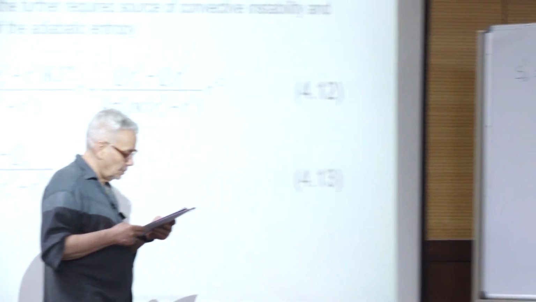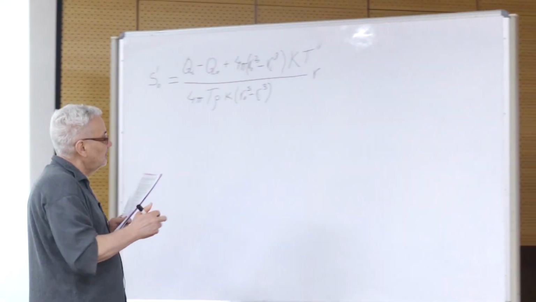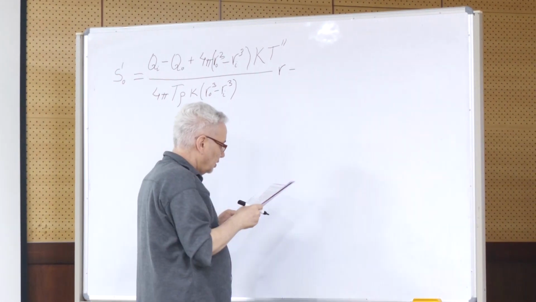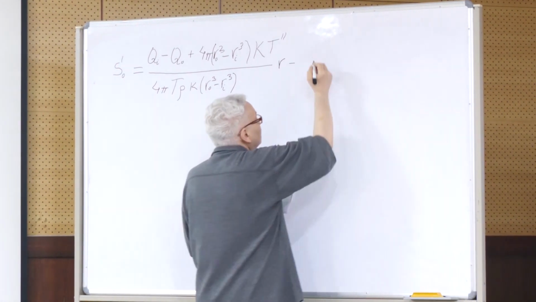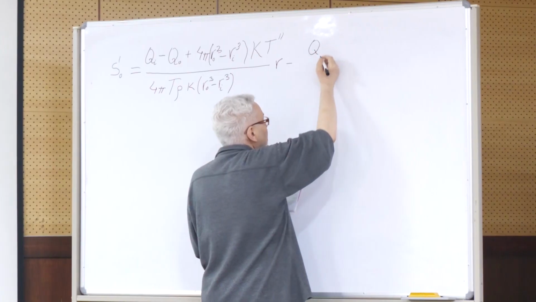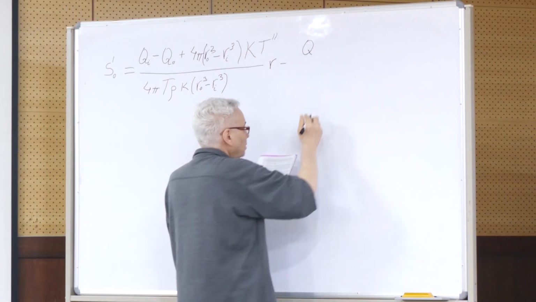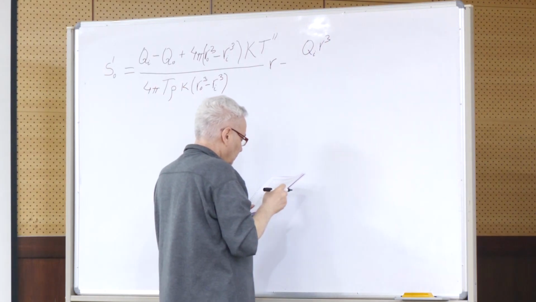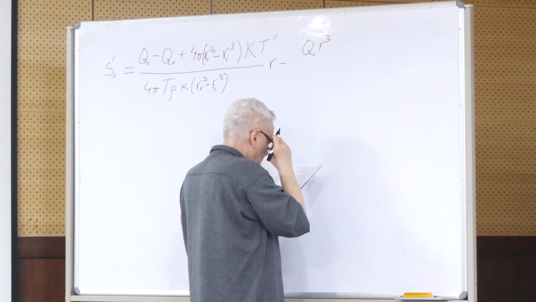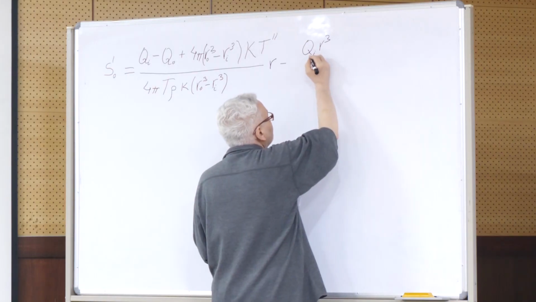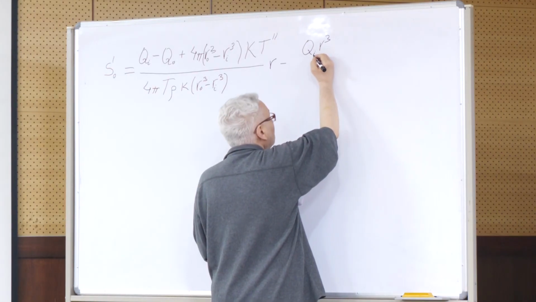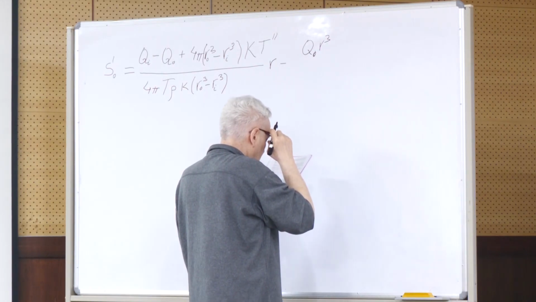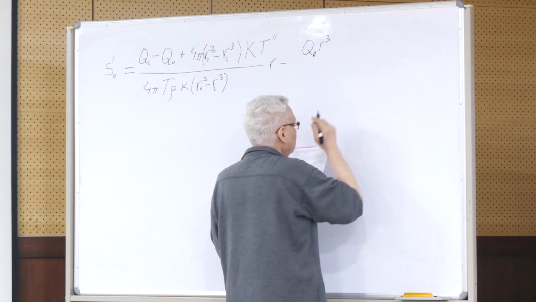The second one is the inverse power of the spherical radius, and it's written down like this: Q E R cube. Q O, sorry. Okay, we start here from Q O R cube.